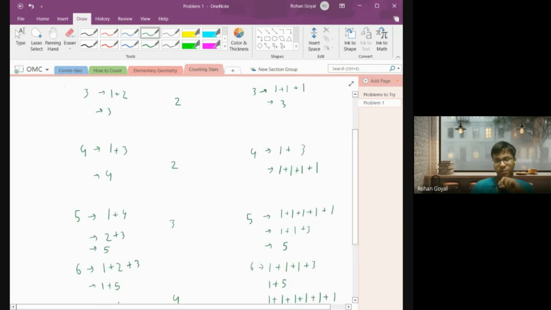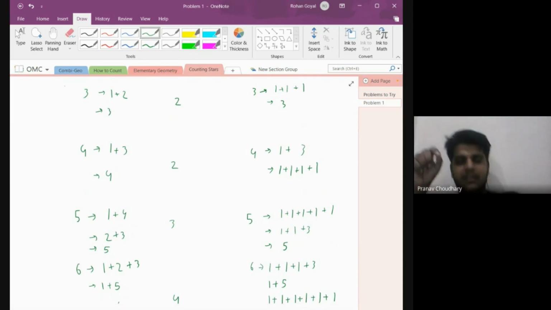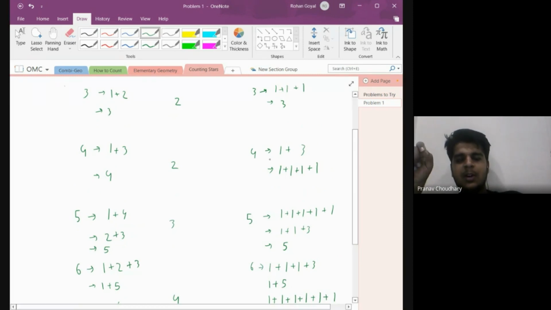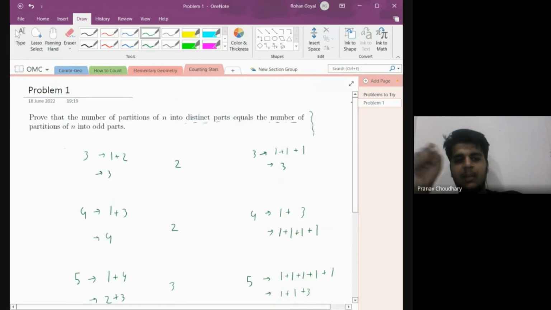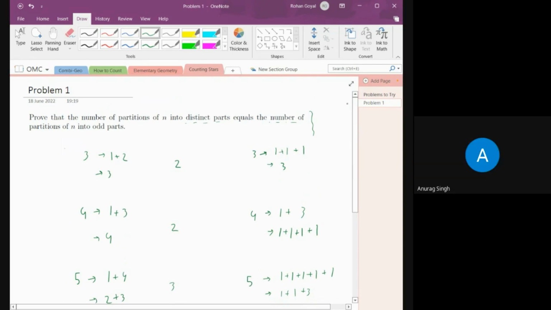Okay, Pranav, go ahead. Just tell them what's been discussed till now. So he gave 4 problems to try for 15 minutes, and he's discussing one of the problems right now. The problem is you have a number n, and then you have to prove that the number of partitions of n into distinct parts is equal to the number of partitions of n into odd parts. Okay, got it.